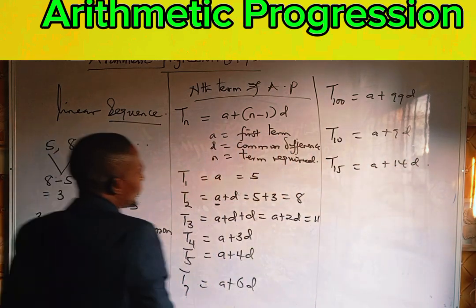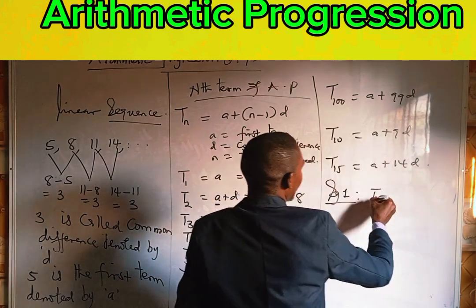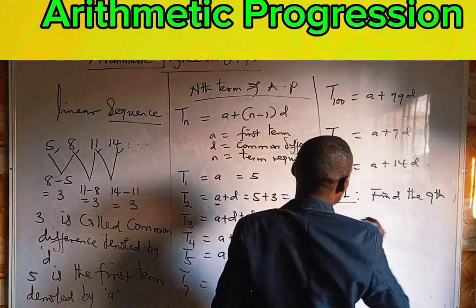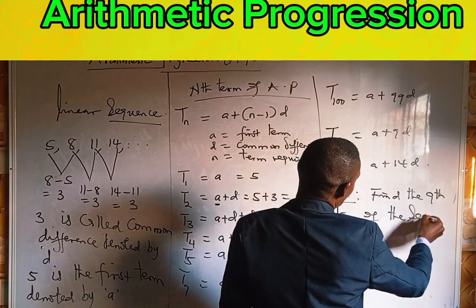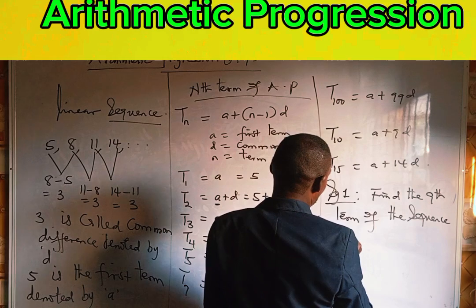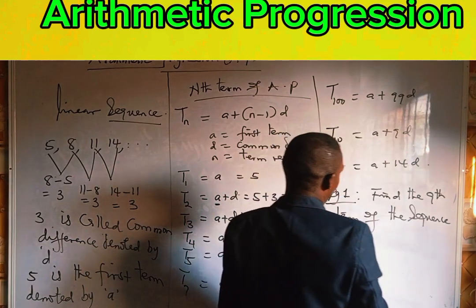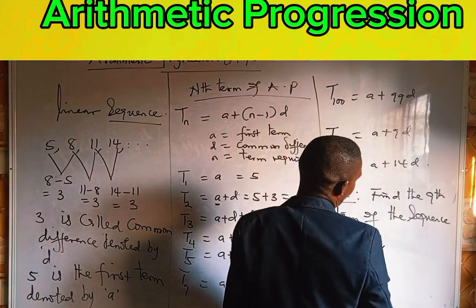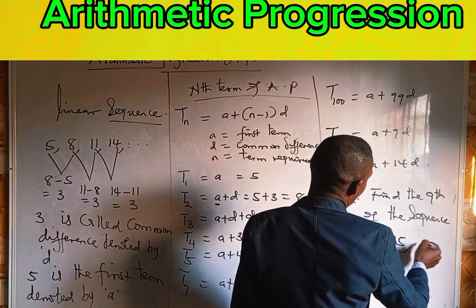Good. Example now. Find the 9th term of the sequence 3, 7, 11, 15, dash dash dash.